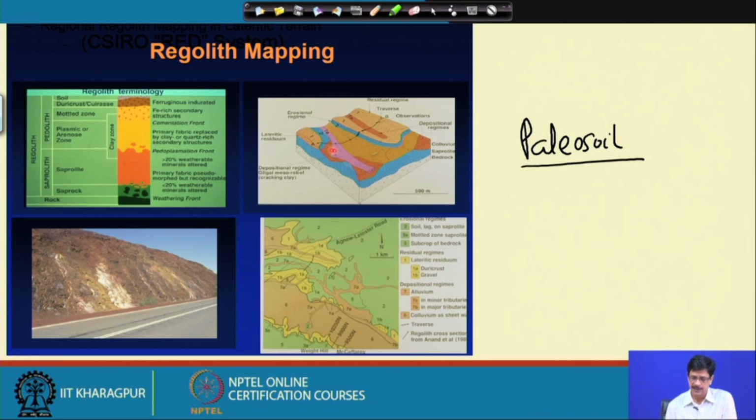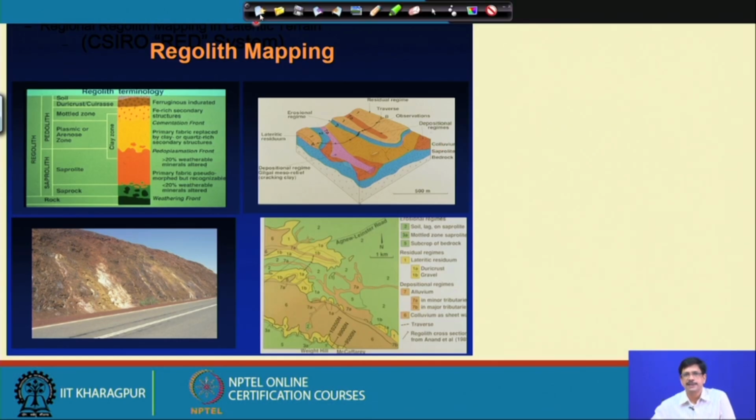And here it can be seen on a section that in this erosional regime, the lowest part of the plasmic arenose zone is exposed, and on the top part we could see the saprolitic bedrock, and this is colluvium, and so they have different reflections, and soil and regolith geochemistry is now being very actively studied as a tool for mineral exploration in many different parts of the world, including the one which I have said.